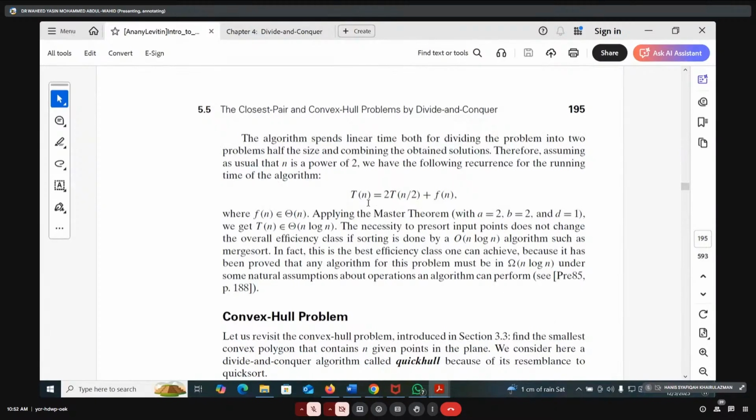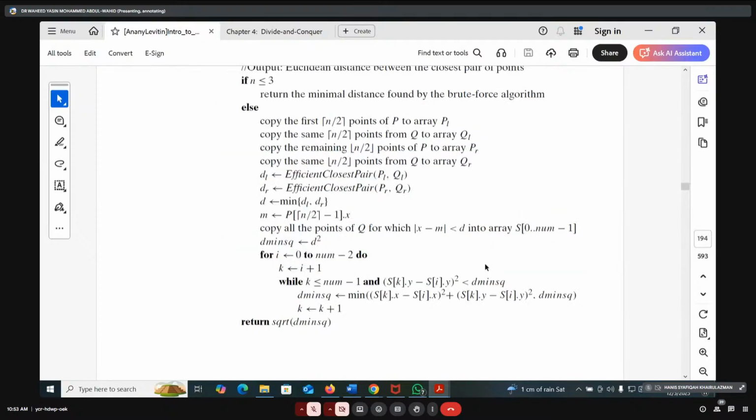This is how to study the complexity of the algorithm: T(n) equals 2T(n/2) plus f(n). Here a equals 2, b equals 2, d equals 1. Why do we have T(n/2) here? Because we have T(n/2) for the left half and T(n/2) for the right half.